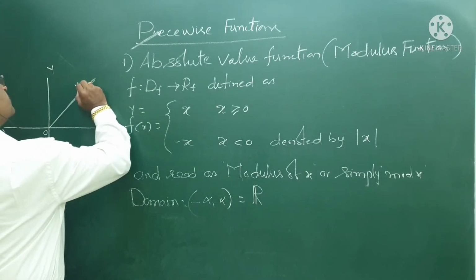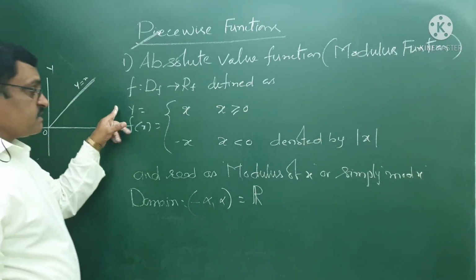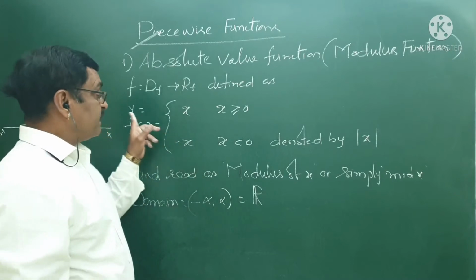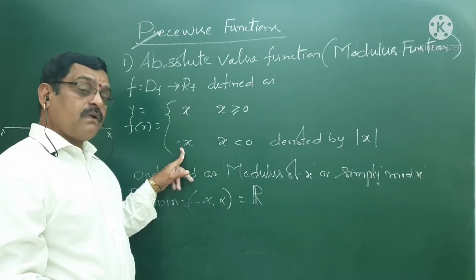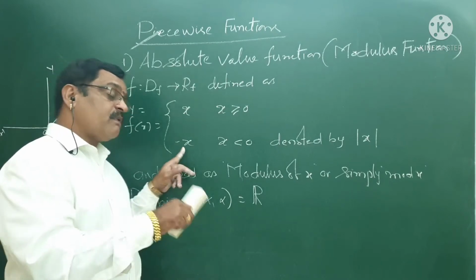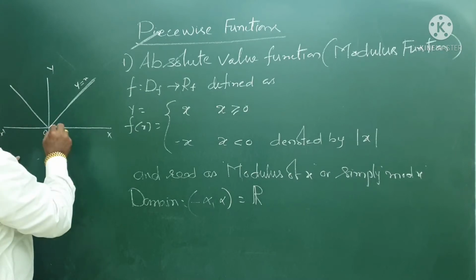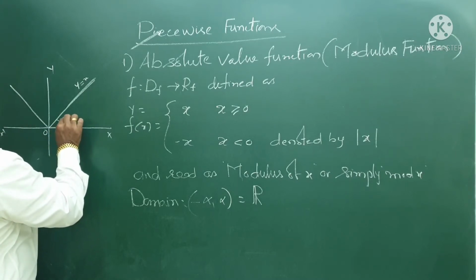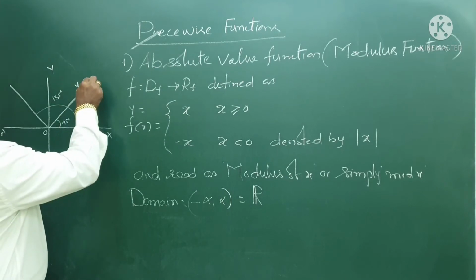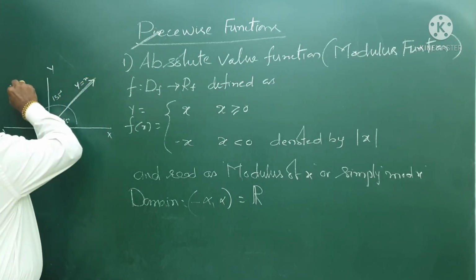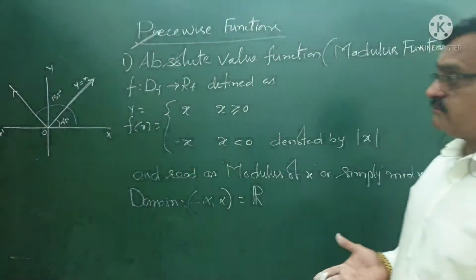The next one is y equal to minus x, also a straight line passing through the origin, making a 135 degree angle with the positive x-axis. Of course, you can extend up to infinity. This is the graph of the function.